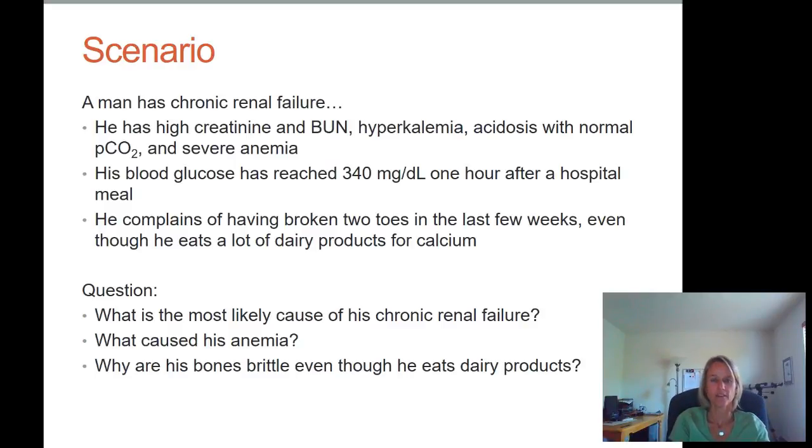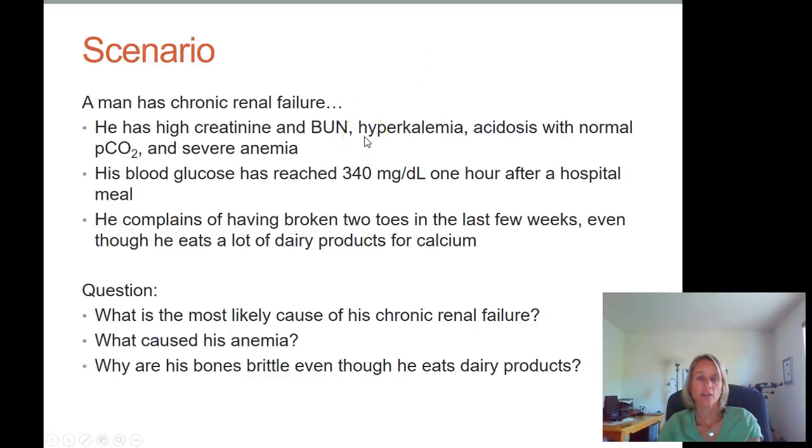Okay, if you guessed his diabetes mellitus, you'd be right. Number 1, that's the number 1 cause of end-stage renal failure. And 2, his blood glucose is quite high. Normal should be not over 100. What has caused his anemia? His kidneys are failing, so he no longer releases erythropoietin. Why are his bones brittle, even though he eats dairy products? Remember, he's no longer activating vitamin D, so he's not absorbing enough calcium in the diet.